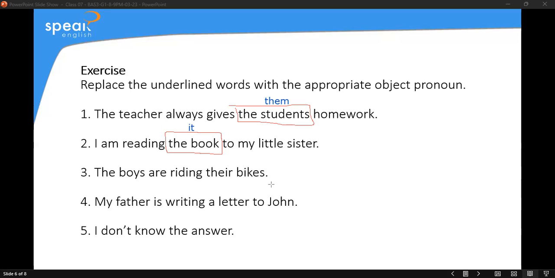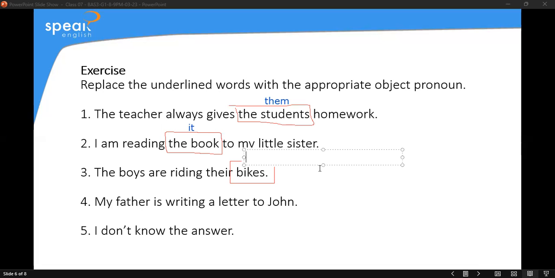What are they riding? Their bikes. So this is the object. So now that I identified the object, how can I change it? What is the object pronoun that I can use?